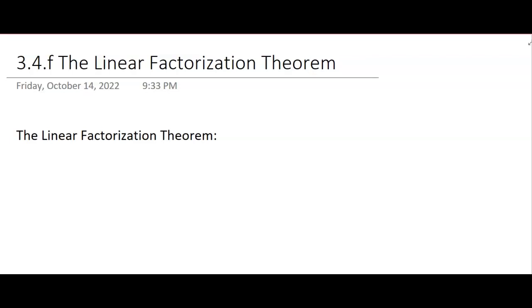So now we're going to have the linear factorization theorem, and we've kind of already alluded to this. Let's say you know the zeros of a function.